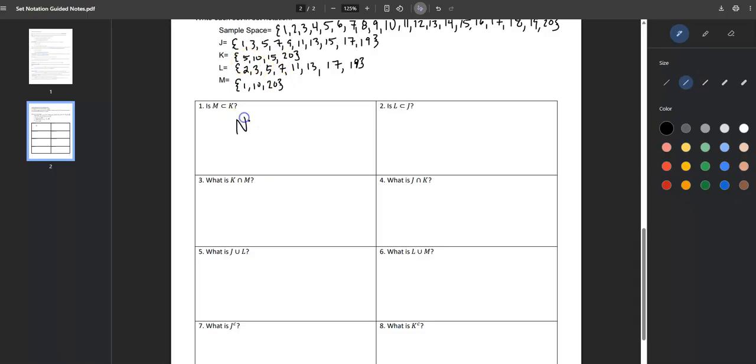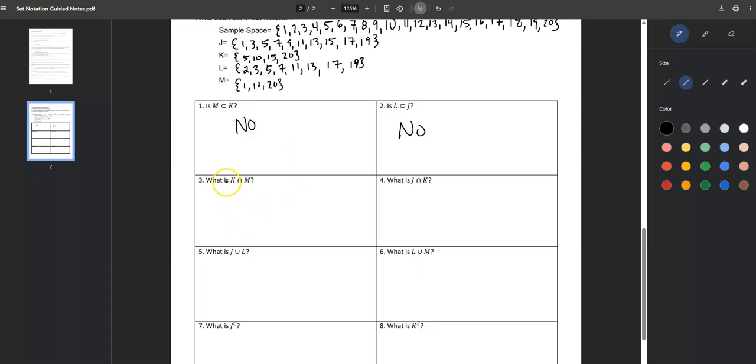So we'd say no, they are not. Then it's saying, is L a subset of J? So is anything that's part of L here, 2, 3, 5, part of J? Which it is not because of the 2. So this would be no as well. It has to be every single bit, not just most of it. Okay. Those are just yes/no questions.